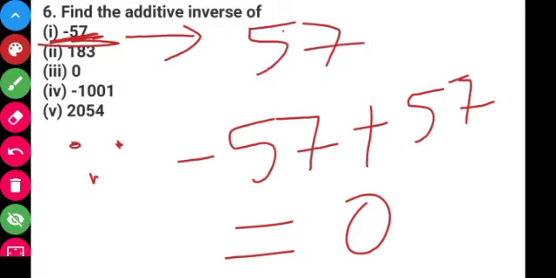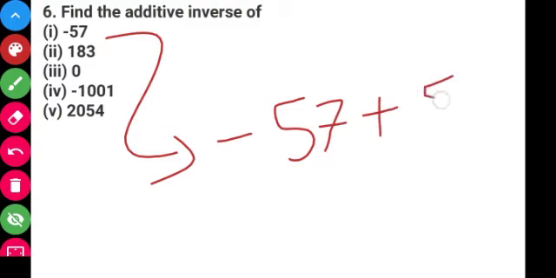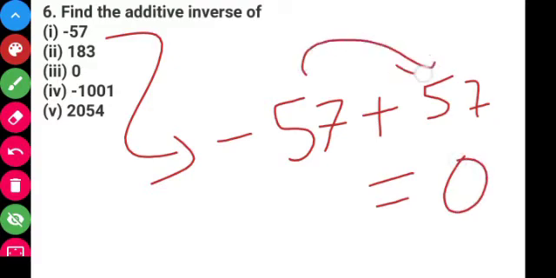Understand? Try to understand again. Minus 57 plus 57 is equal to 0. Therefore the additive inverse of minus 57 is 57.